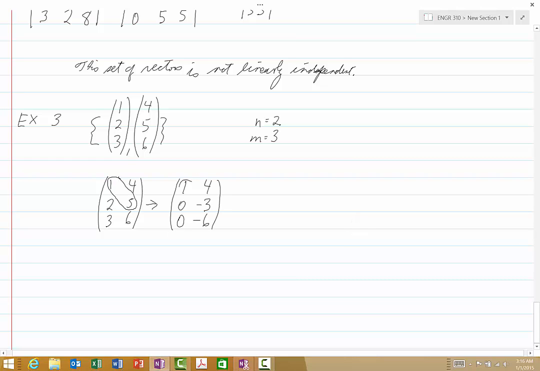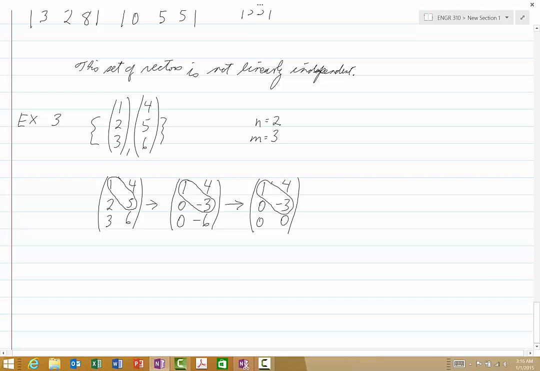Now here is the main diagonal, and we have one remaining term below the main diagonal that is non-zero, and that's this -6, and we can easily get rid of that by multiplying the second row by -2 and adding it to the third row. So when we do that, we get 1, 4, 0, -3, 0, 0. And here is our main diagonal.